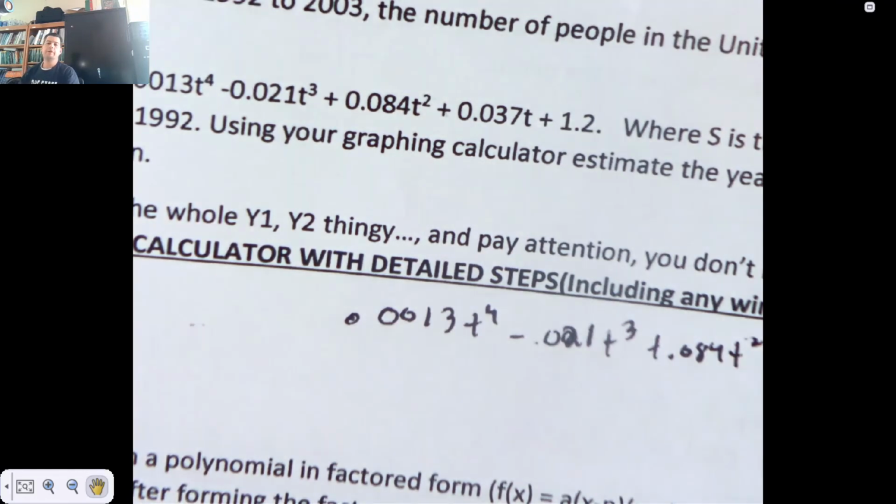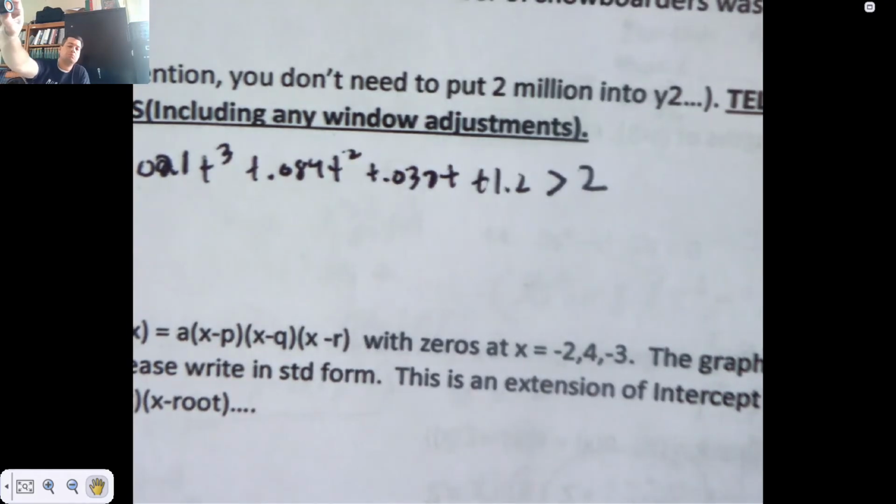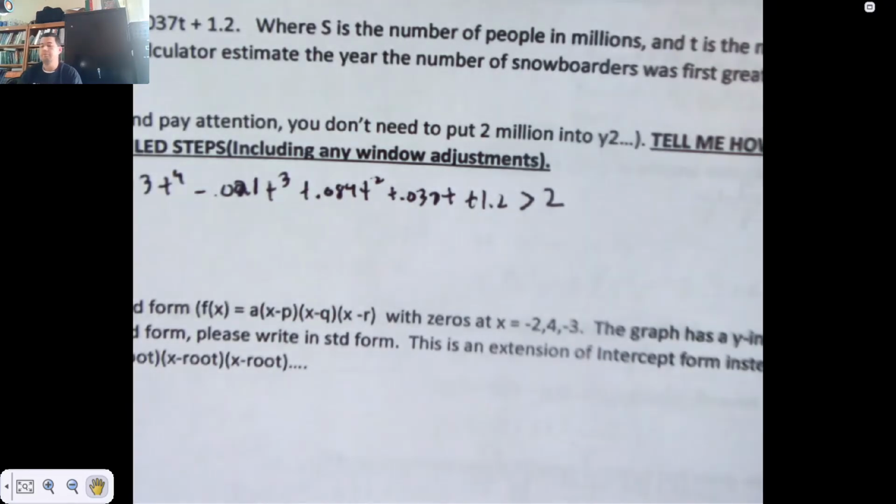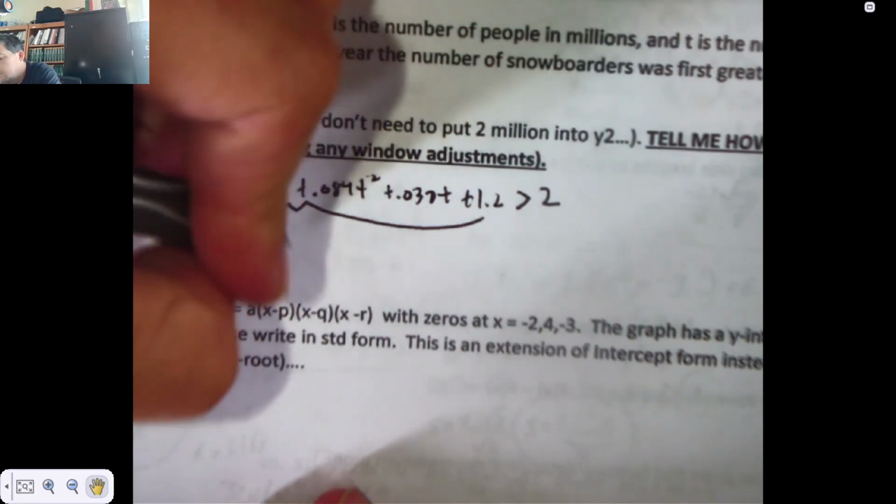So on paper, you're taking your little equation and you're saying, when is it going to be first greater than 2? And it even talks about how to do this: throw something in y1 and something in y2.